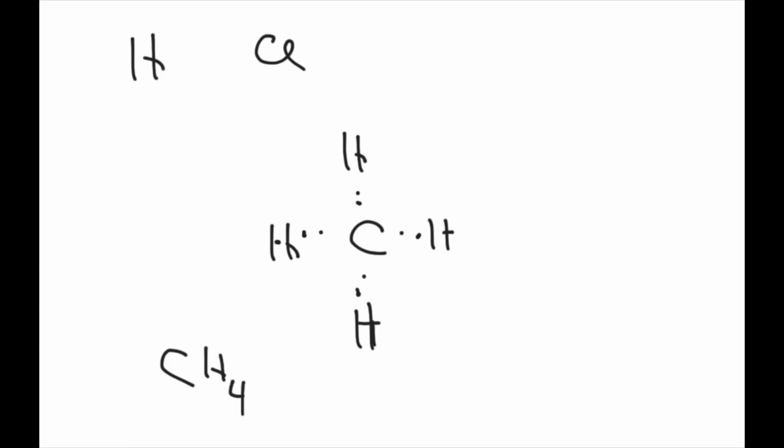This is methane. And it takes on a 3D shape. So they're not in the plane of the page as you might think. They're trying to get away from each other. So these hydrogens and even these hydrogens here, everything's trying to get away from each other as best as they can. And we'll redraw it as we can.